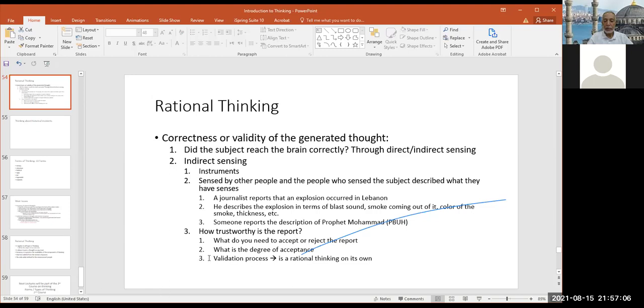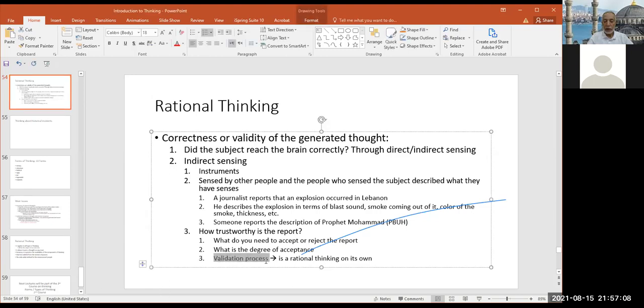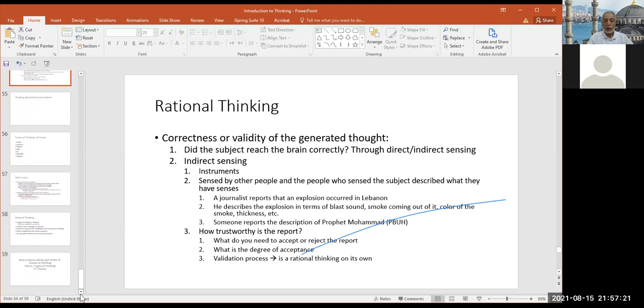Yeah, here. The validation process, here when I said the report about the object, there is a validation process, which is rational thinking, to see if there is an object or not. And one of the validation processes comes from the effect.